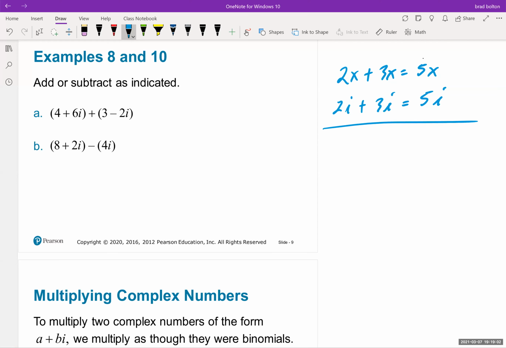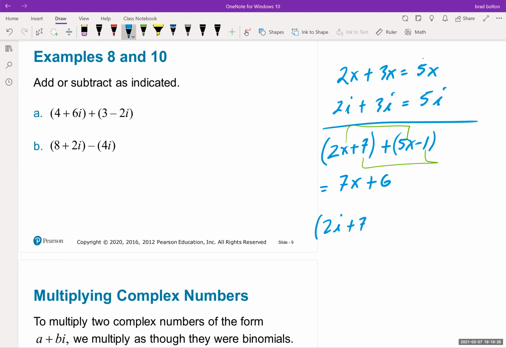Now, what if I take 2x plus 7 plus, let's say, 5x minus 1? Well, we would say that's 7x plus 6. So we would add the x's with the x's and the non-x's with the non-x's. So we can do something similar with imaginaries. So what if I said 2i plus 7 plus 5i minus 1? I add the imaginary with the imaginary.